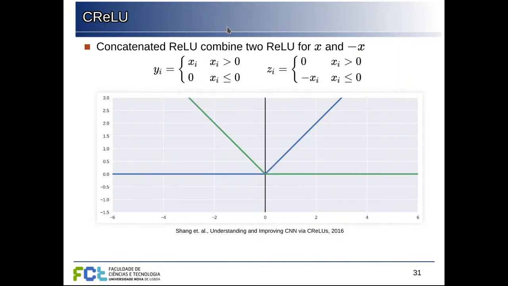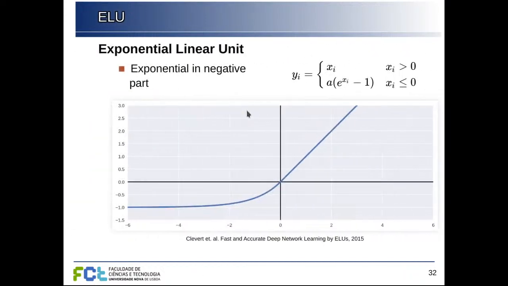There are other more sophisticated variants. For example, the concatenated rectified linear units combine two rectified linear units that are symmetrical, so that the derivative here is -1, the derivative here is 1. And we have always an output on both sides.